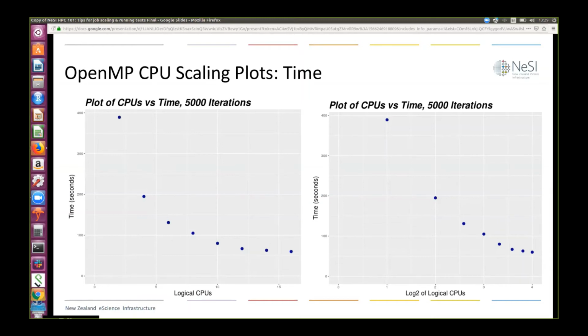But as I said, we'll go with 8 for ours as the amount that we want.